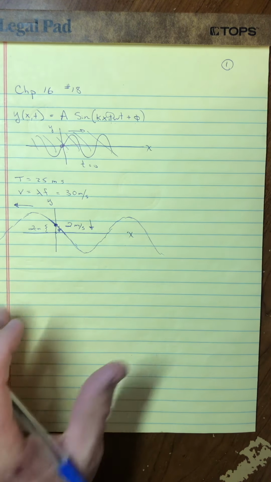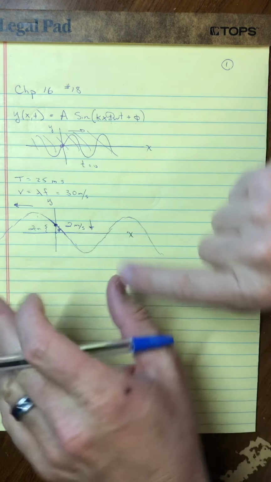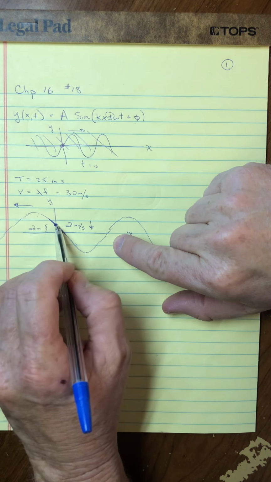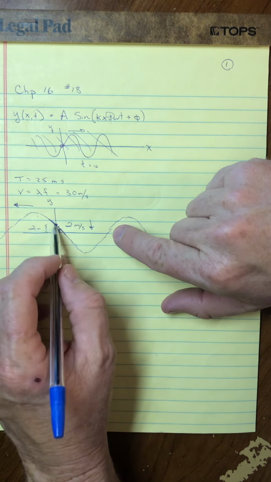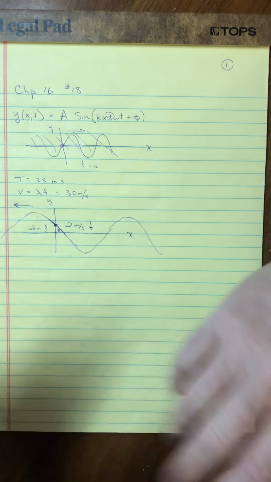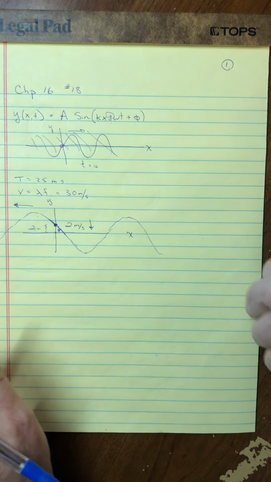From that information, this is the mental picture I have. Here's the crest. It's traveling in the negative direction. It looks like a crest has already passed the origin. We're somewhere in between. Soon it's going to come all the way down to 0 and go negative at the origin, as the wave continues its process.